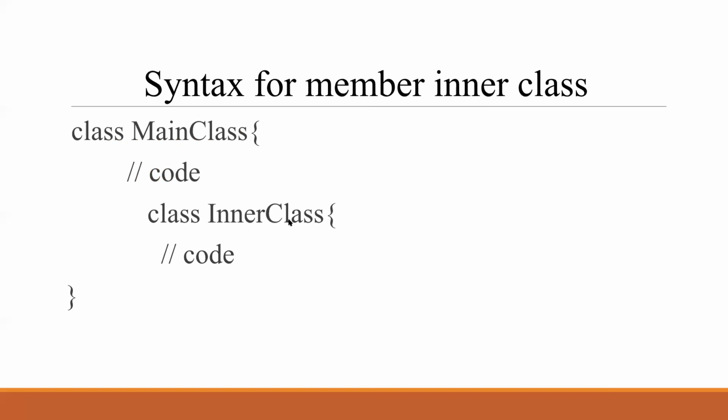Then you have the inner class. But we've said a member inner class is non-static. If you put a static keyword before class here, that will be a static inner class, and it is not a member inner class. So basically, we have this where you have code. Then that means you can put methods, you can put variables as well.